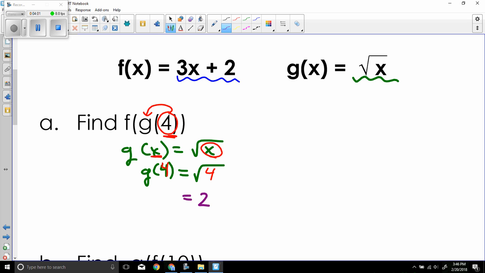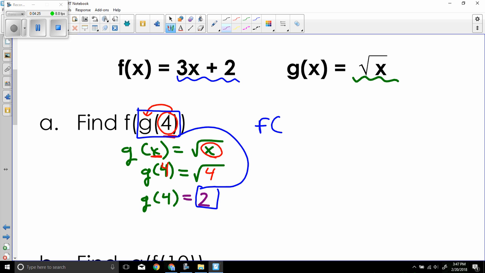We don't have to put plus or minus here. Okay, so that means that g of 4 equals 2. Follow me through here now. That means g of 4, this whole thing right here, was 2. So it's almost like I can take that and put it in that spot. So it's f of just 2 now.